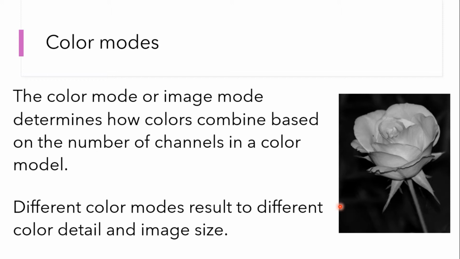Each color mode has its own channels that allow you to produce as many colors as possible for any image that you are going to be working on. There are different color modes that result in different color detail and image size. Now, what does this mean?